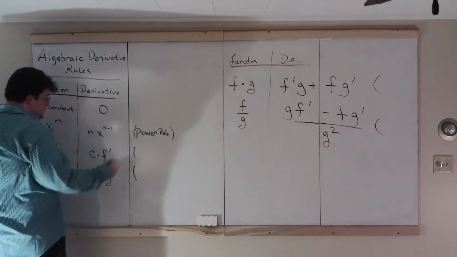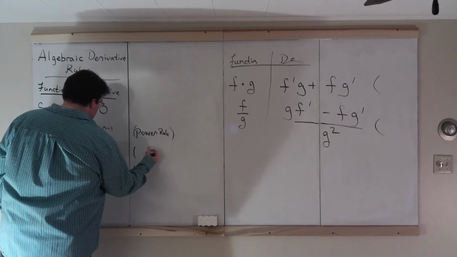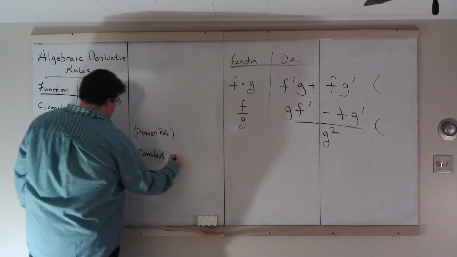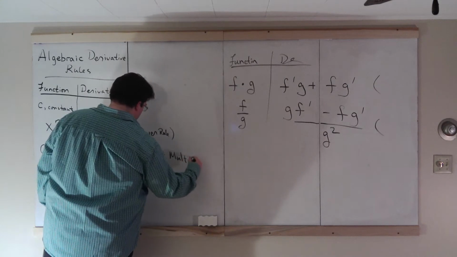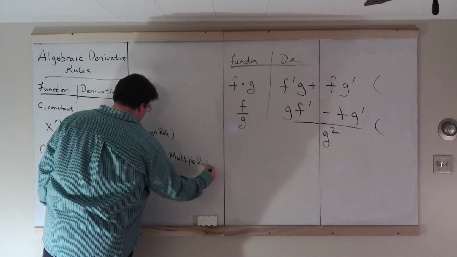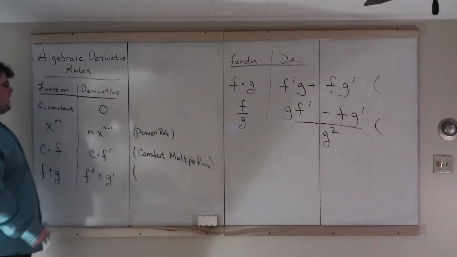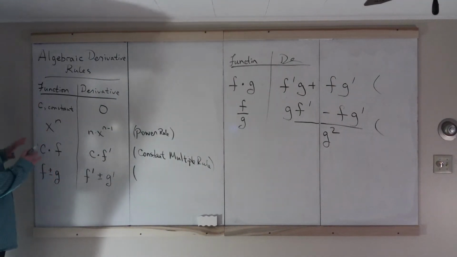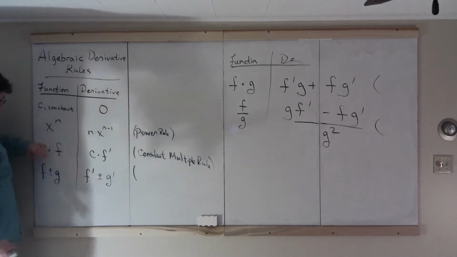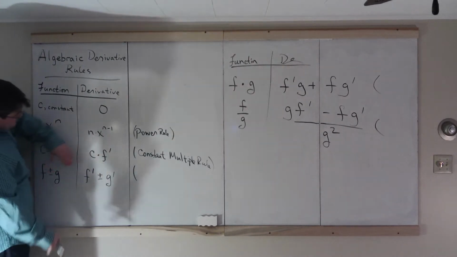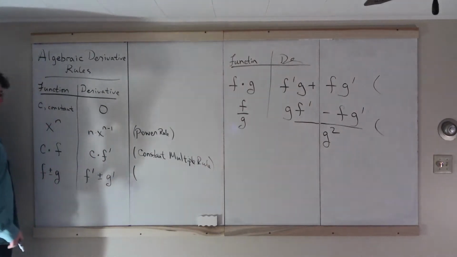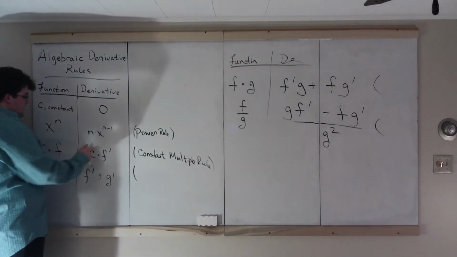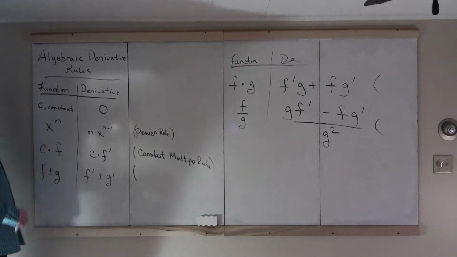So if we look at this one we call the constant multiple rule. First one you can call constant rule if you want. Here we have the constant multiple rule. So just cover both of those c's. If you cover this c, you have f. The derivative of f is f prime. Well, if you just throw a constant in front of it, then the constant carries through in our computation.